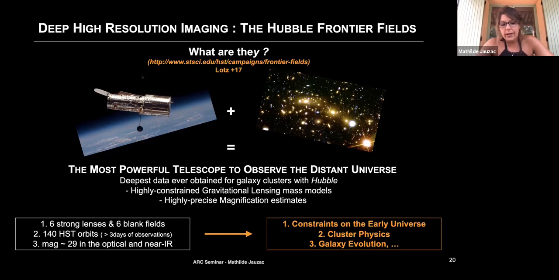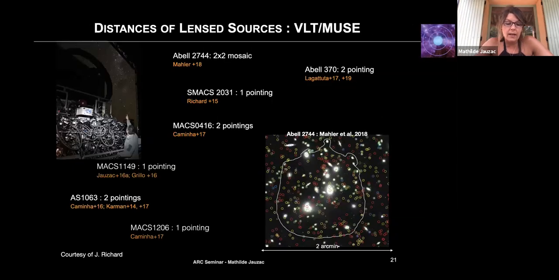So while HST is giving you this extremely high-resolution and extremely deep imaging, you still don't have distances to your lensed sources. Another really amazing instrument, which had its first light back in summer or winter 2014, depending on which hemisphere you're in, is MUSE on the VLT.